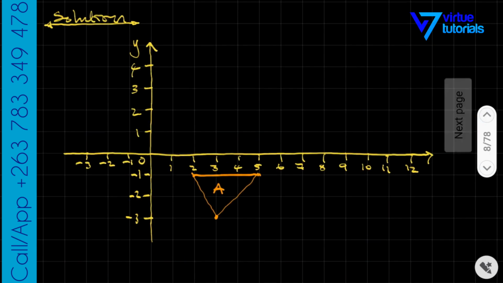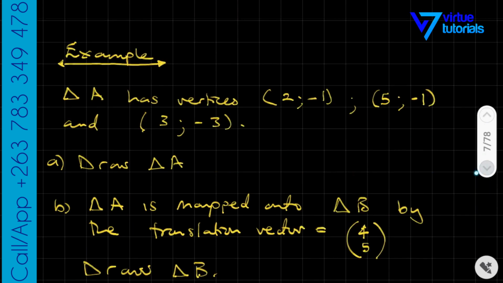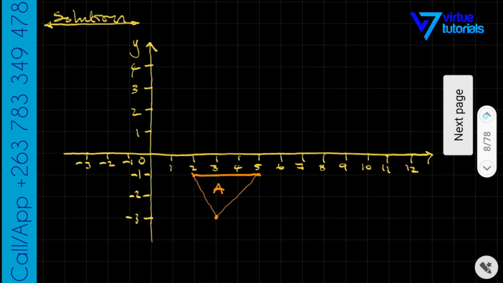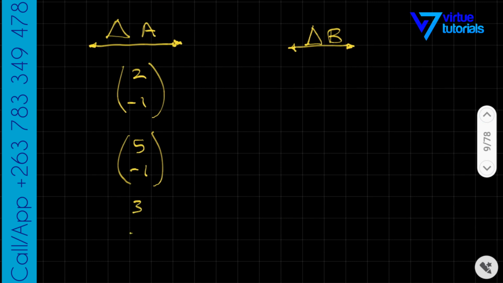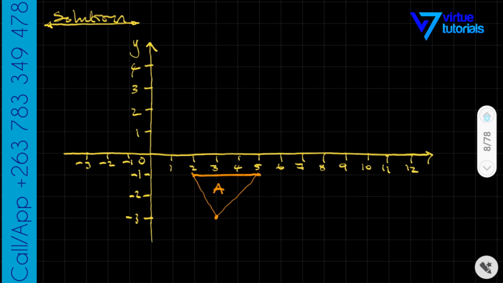So (2, -1), (5, -1) are the coordinates of A. Then the last one is what? (3, -3). To these points, you simply add your translation vector, right? What's your translation vector? (4, 5).